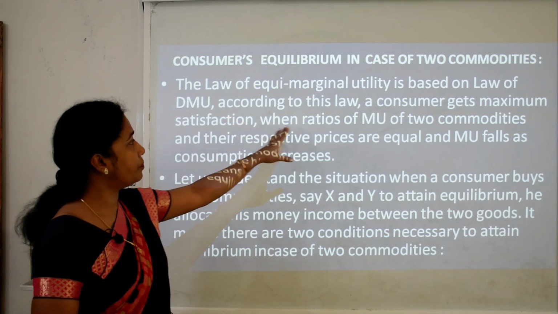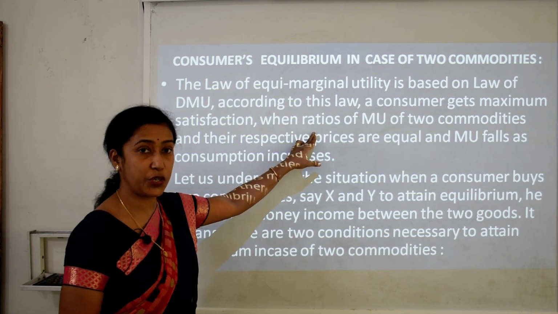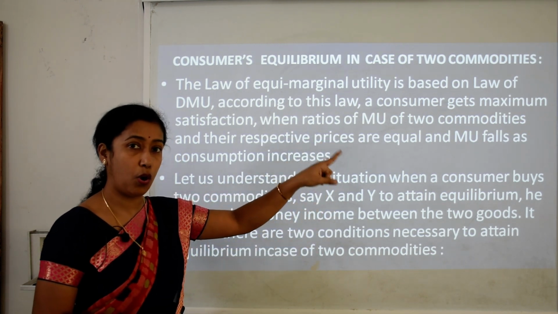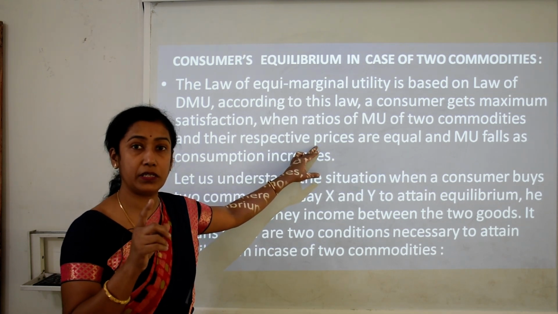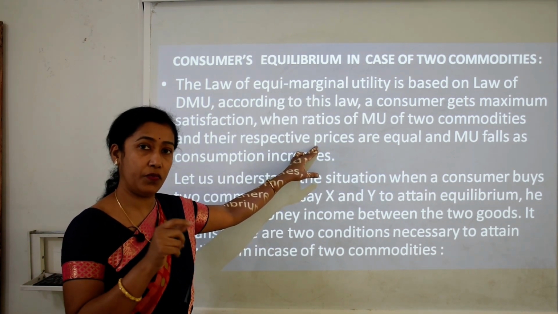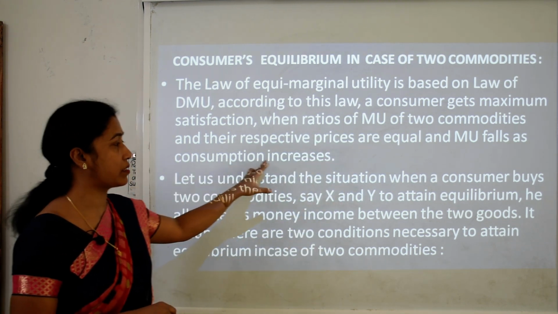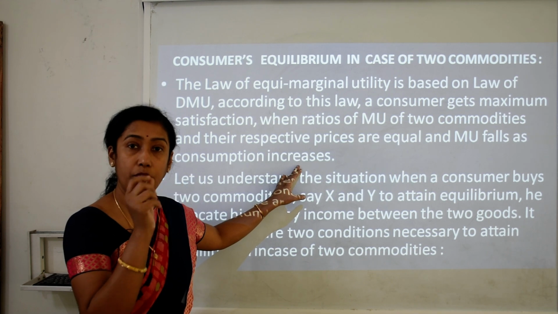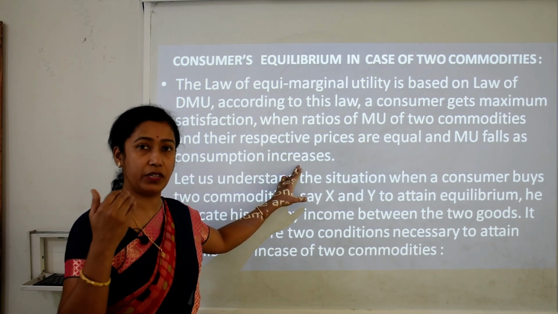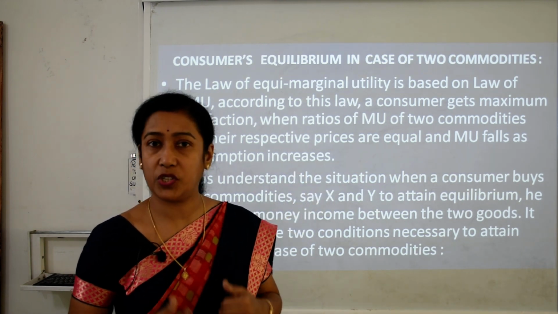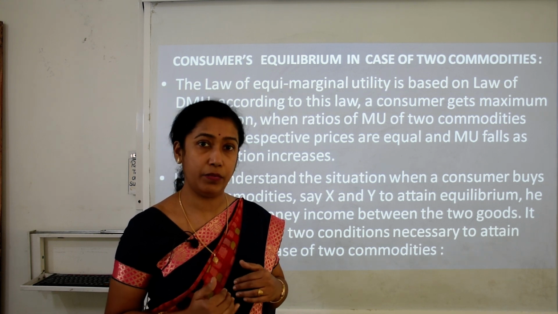So the law states a consumer gets maximum satisfaction when the ratios of marginal utility of two commodities and their respective prices are equal, and marginal utility falls as consumption increases. This is the important condition: the marginal utility which a consumer derives from the two commodities must be decreasing or diminishing.